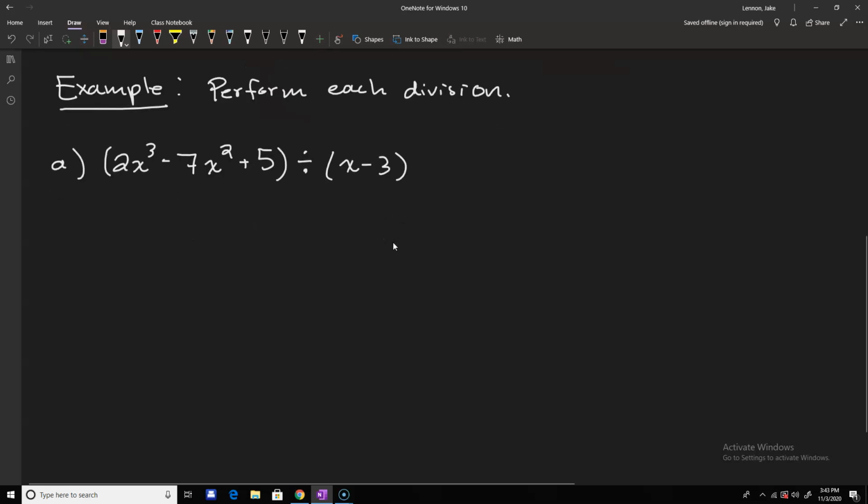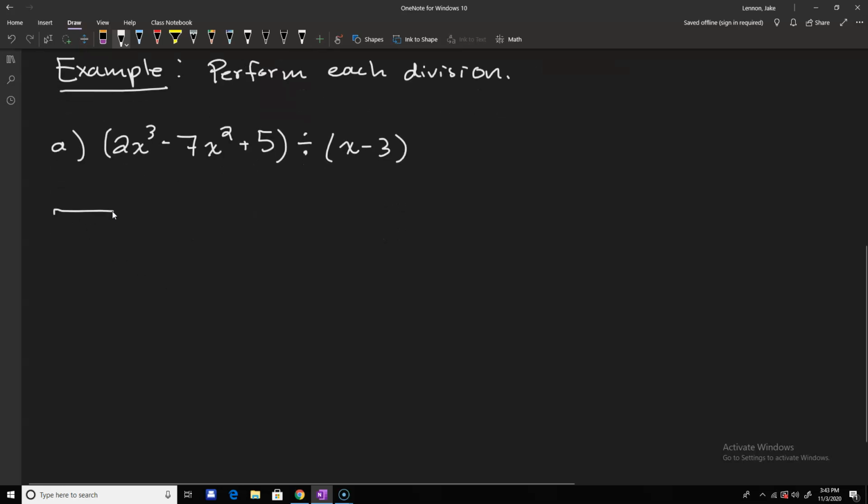So the way I like to write my synthetic divisions is in the upper corner you'll write the root. So the root would be the number that would make the denominator polynomial 0 if you plug it in for x. So in this case it would be 3, because 3 minus 3 is 0. So we'd have 3 in this corner. And then we write the other numbers from the largest degree to the smallest degree.